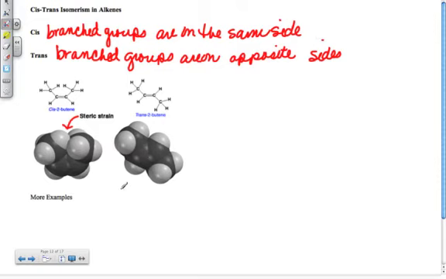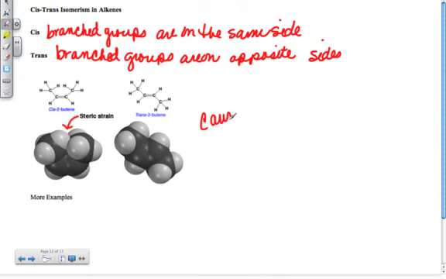So here you can see you have cis-2-butene. And the way it bends, the terminal carbons are on the same side. Here in trans-2-butene, they are on opposite sides.